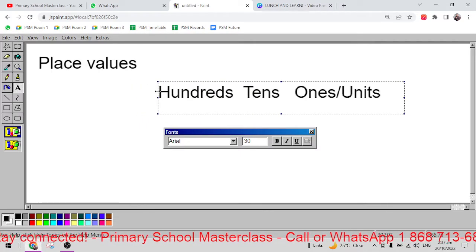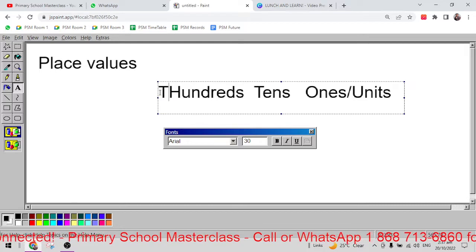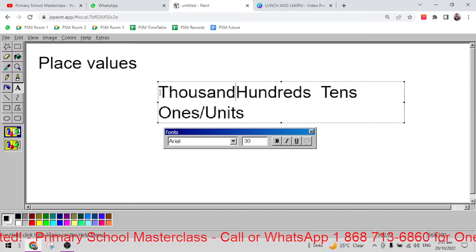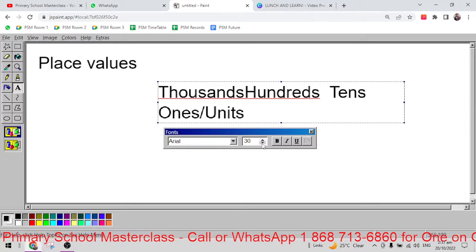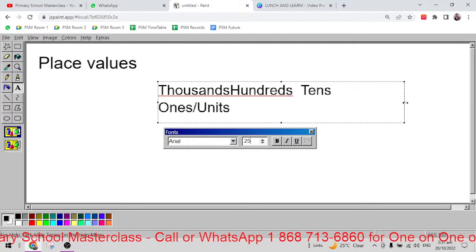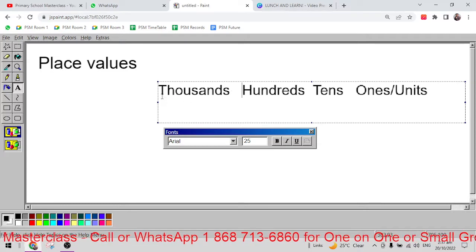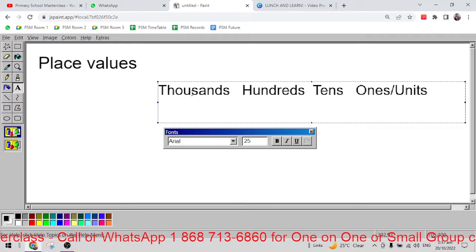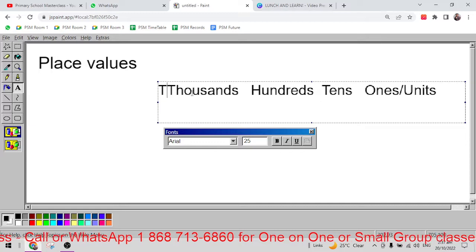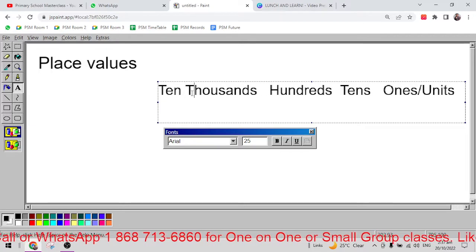We could also have the thousands. We could also have the tens of thousands.